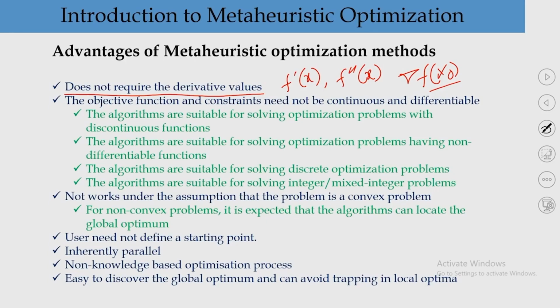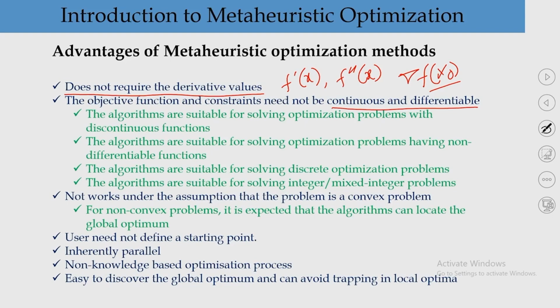The objective function and constraints need not be continuous and differentiable. So, one of the limitations of classical optimization methods is that the function should be continuous and differentiable, but in the case of metaheuristic optimization methods, this restriction is not there.